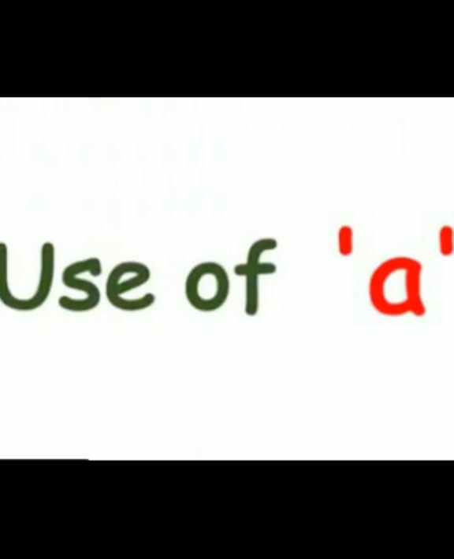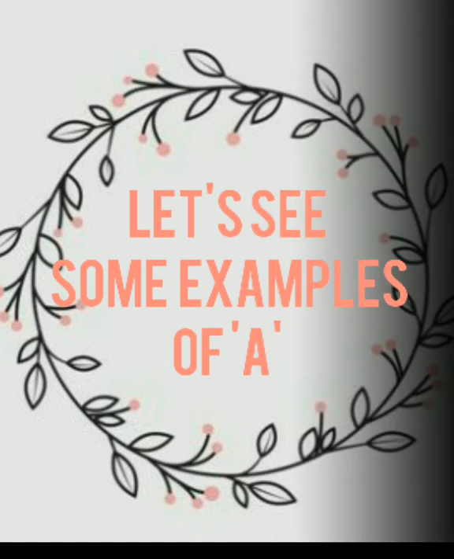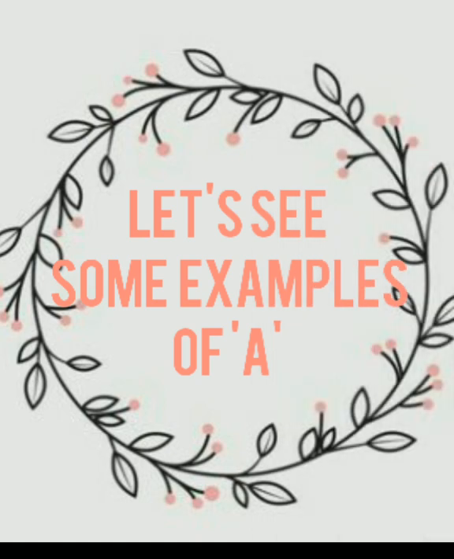It's used with the nouns that begin with consonants. Now I would like to show some examples so that it will be very easy for you all to explain where to use a and where to use an. Now let's see some examples of a.